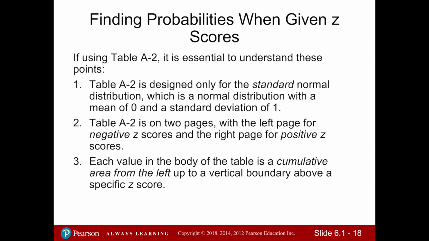In later sections of this chapter, we will have various other types of normal distributions, which we will have to translate into the standard normal. This table A2 is on 2 pages. One page gives us values for the negative z-scores, and the other page gives us positive z-scores. And maybe the most important point is that the table gives the cumulative area to the left. We'll talk more about that as we compute these different probabilities.